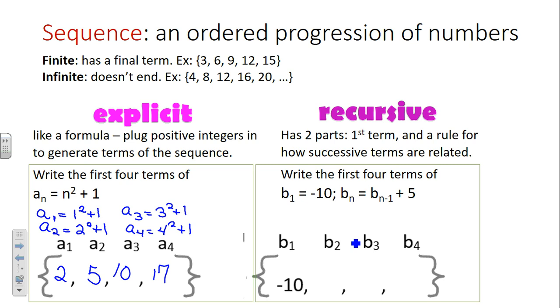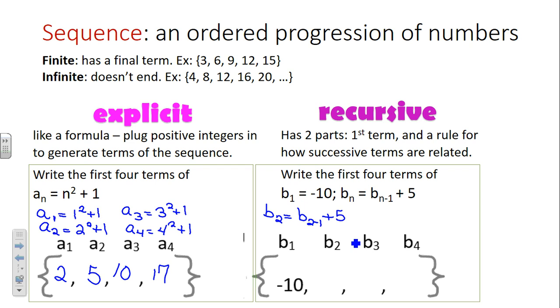So far, so good? Okay, so when we want to find the second term, what are we going to do? Plug in 2 everywhere we see n. So we want the second term, b sub 2. That means that we need to plug in a 2 again when we see n. But what is 2 minus 1? 1.